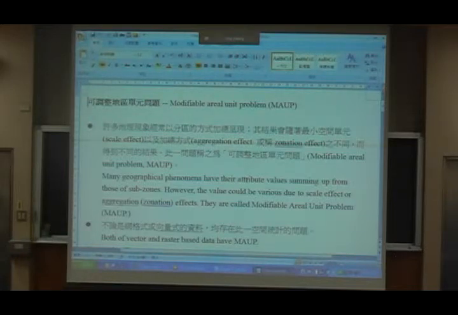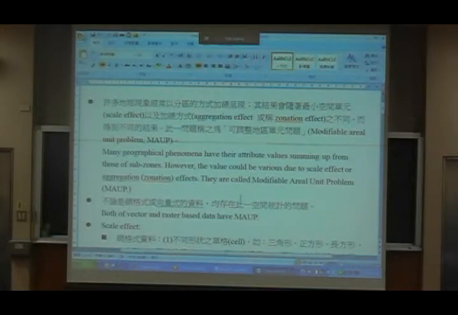However, the value can vary due to the scale effect and the aggregation or so-called zonation effect. These are two effects, and this kind of problem is called MAUP, the modifiable areal unit problem. Both vector and raster-based data have this problem, so we must be very, very careful about it.